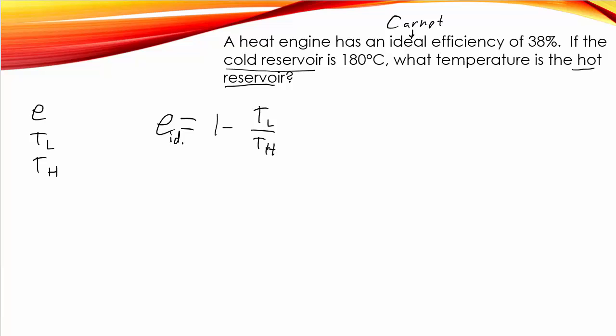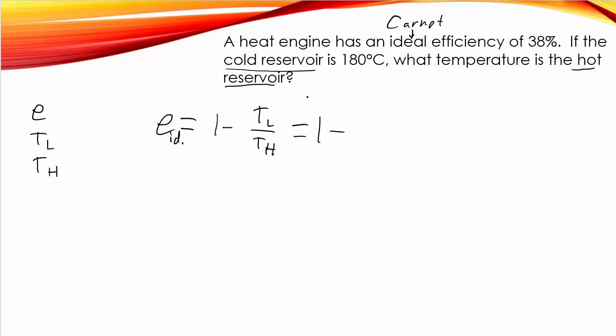If you had a high temperature of 0 degrees Celsius, then your low temperature would need to be lower. You could have that as negative 20 degrees Celsius or whatever. Is that going to give you 100% efficiency? No, it's not. You have to have absolute 0, and then you could get 100% efficiency. But you're not going to get to absolute 0 anyway. So just make sure that you have these temperatures in kelvins is the moral of the story.